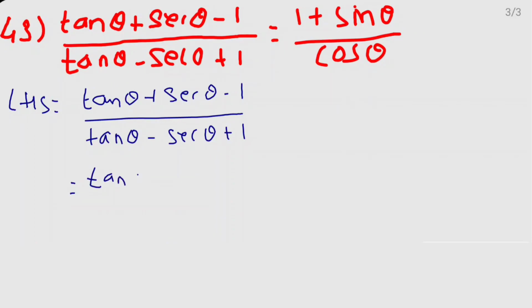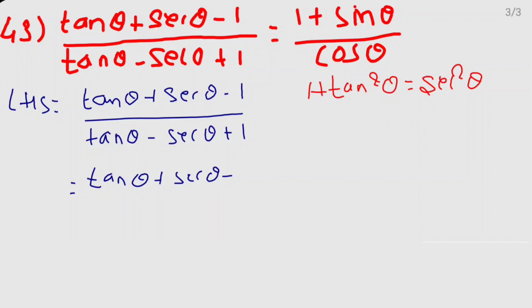tan theta minus, we know the identity 1 plus tan square theta equals sec square theta, right? So this tan square comes to the RHS side, it becomes a minus. So here 1 equals sec square theta minus tan square theta.